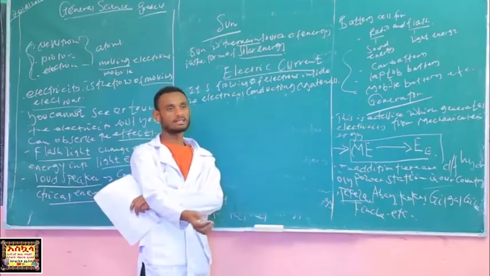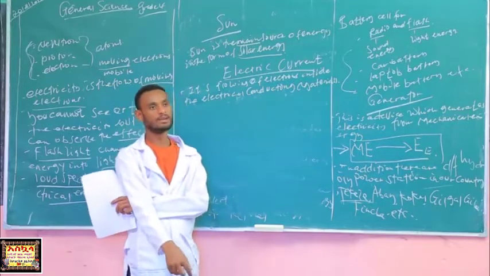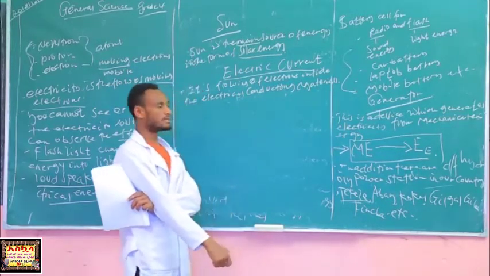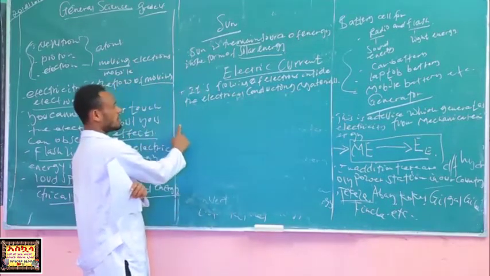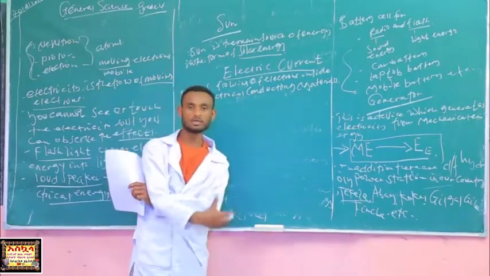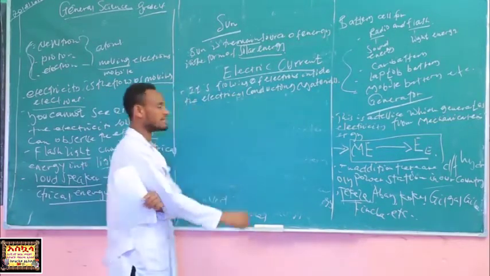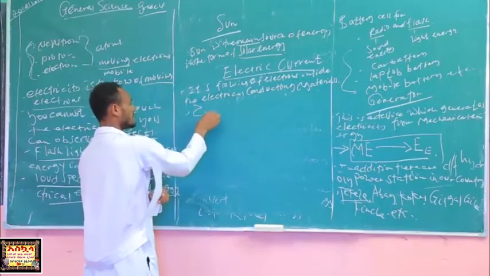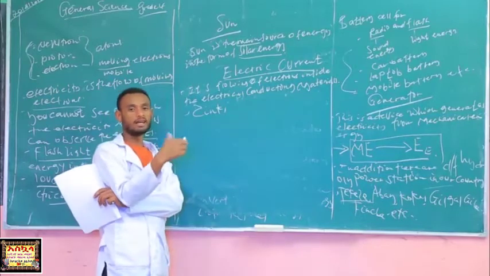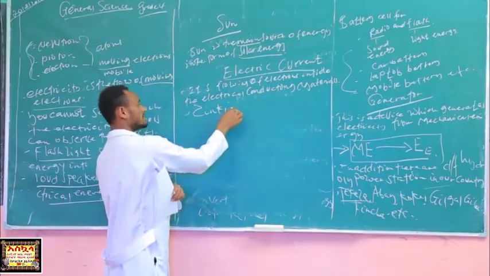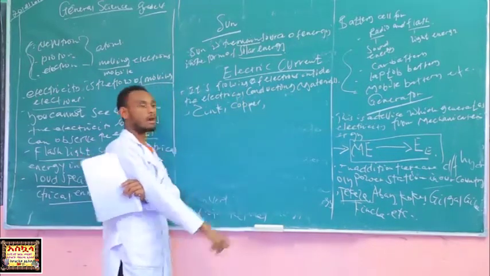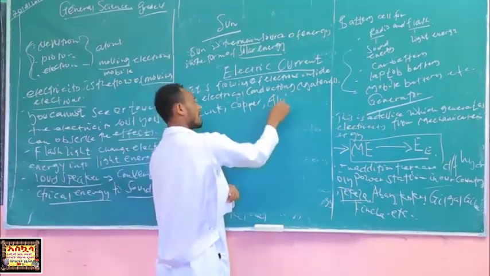What are the materials that can conduct electricity? Can you mention them, students? Good. Students, it is the flowing of electrons inside the electrical conducting materials. The materials that conduct electricity are, the first one is, look, zinc. Zinc can conduct electricity. The second one is copper. The third one is aluminium.